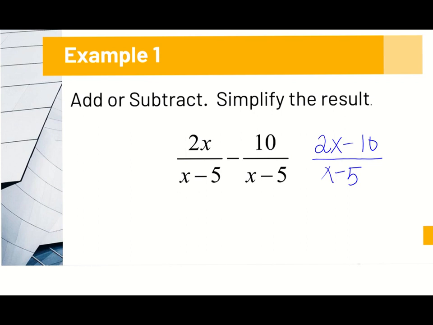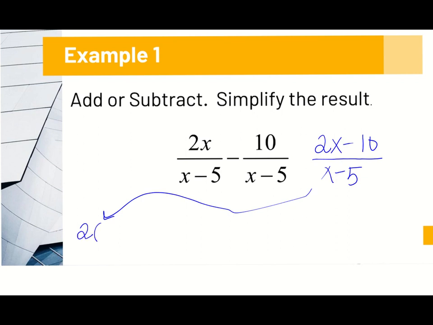Now, just like I simplified my fraction, I want to simplify this fraction. And this leads into what we did in 5.3, where we had to factor to then go ahead and simplify. So here, I can factor out a GCF on the top in the numerator. I can take out a 2.